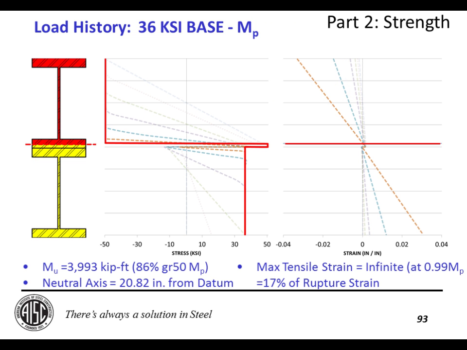And if you push this all the way to failure, your maximum tensile strain is 17% of rupture. Right? So even though I put on a grade 36 member to a grade 50 member, I was able to achieve the full plastic capacity of the section without any worries about rupturing the overall section.